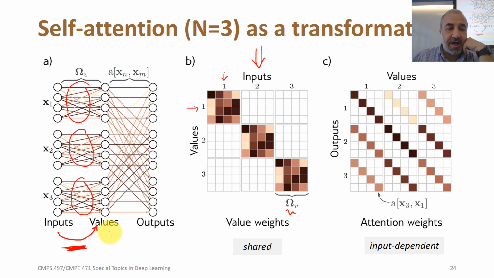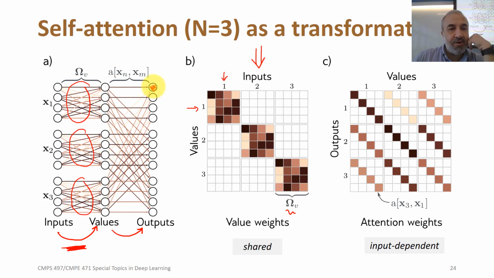Now let's look at the other step, which is getting outputs from values. Remember when we saw the weighted sum of the vectors, we said that the first one, this one, depends on what?